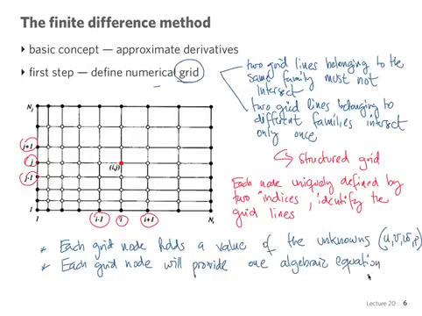So obviously we want to have the same number of unknowns and equations, so we can solve this. And this algebraic equation will consist of a relation between the variable values at that node and some of the neighbors. Okay?